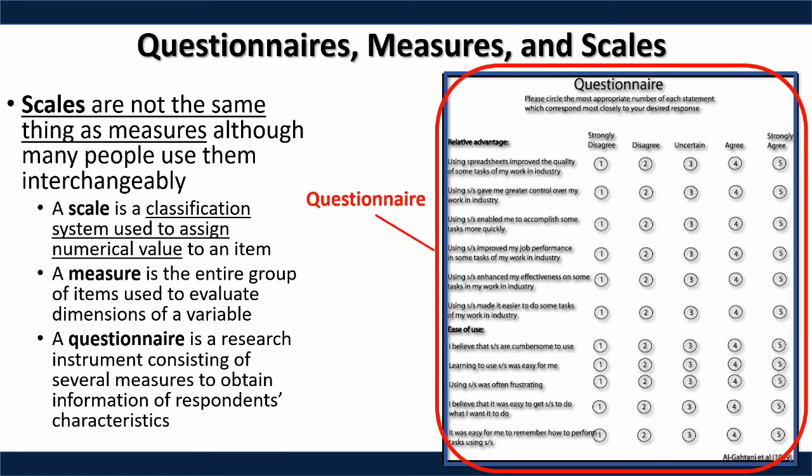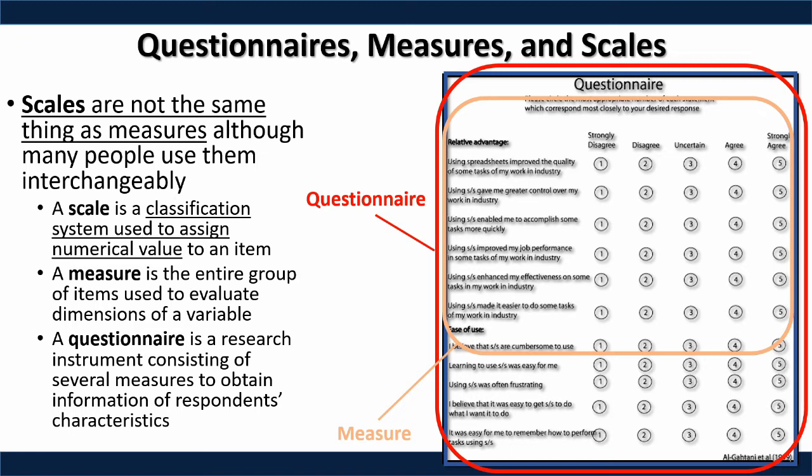On any given page of a questionnaire, you'll see something that looks like what you see on the right. The set of questions used to operationally define a single variable is called a measure. In this case, the variable that's being measured is relative advantages of spreadsheets in a workplace.